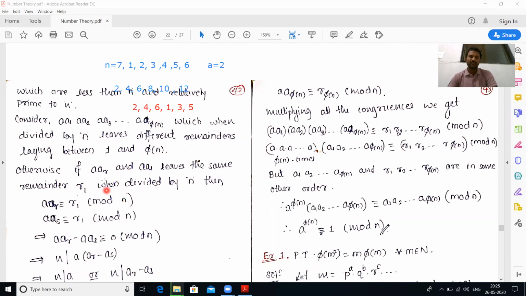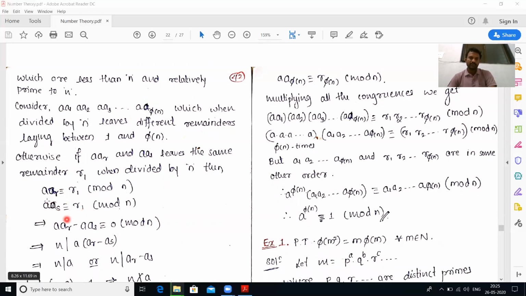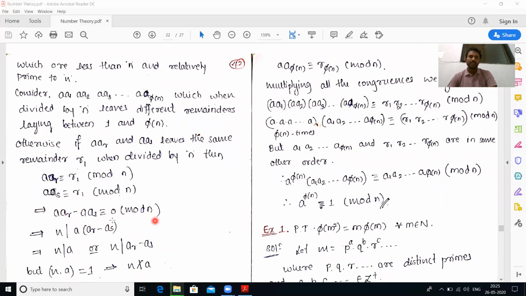Then a·ar is congruent to r1 mod n and a·as is congruent to r1 mod n. By using these two, we can write a·ar minus a·as is congruent to 0 mod n. Then by the congruence definition, we can say n divides a·ar minus a·as, where a is taken as a common factor.